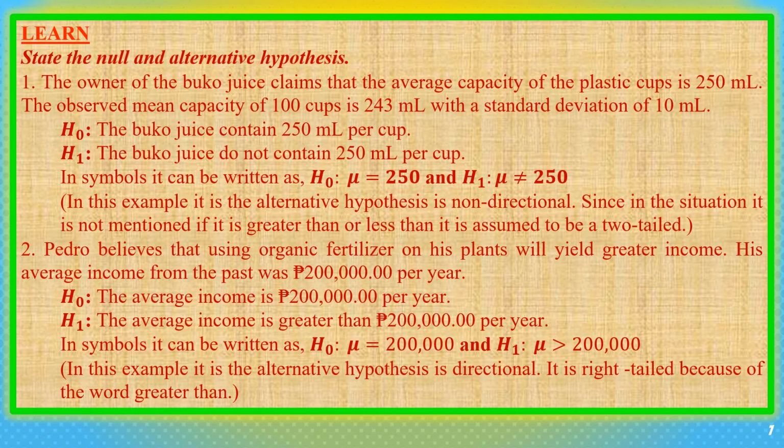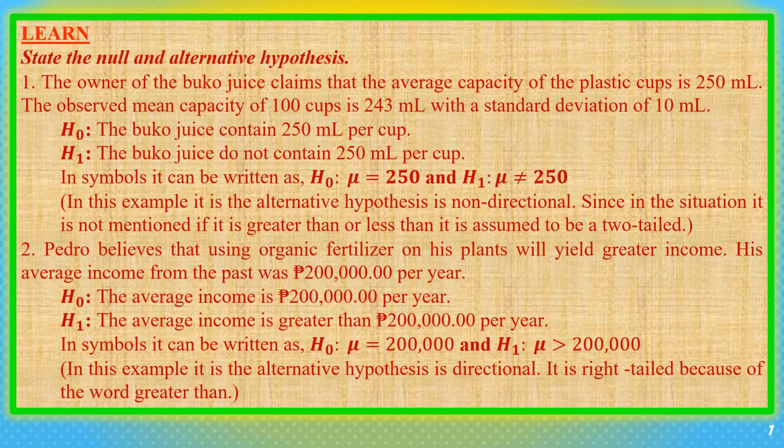For example number 2, Pedro believes that using organic fertilizer on his plant will yield greater income. His average income from the past was 200,000 per year. So our null hypothesis is the average income is 200,000 per year, whereas our alternative hypothesis is that the average income is greater than 200,000 per year.